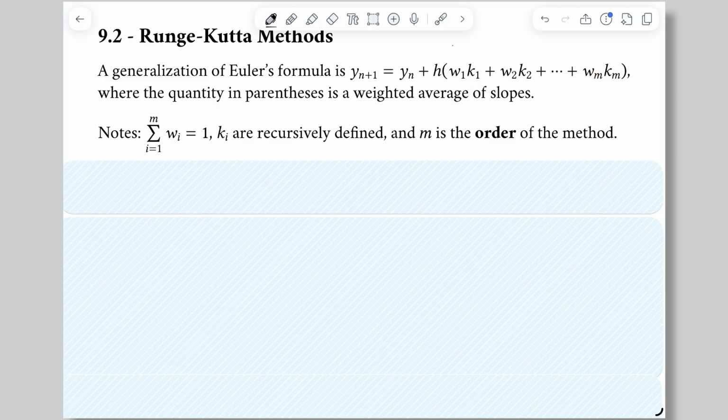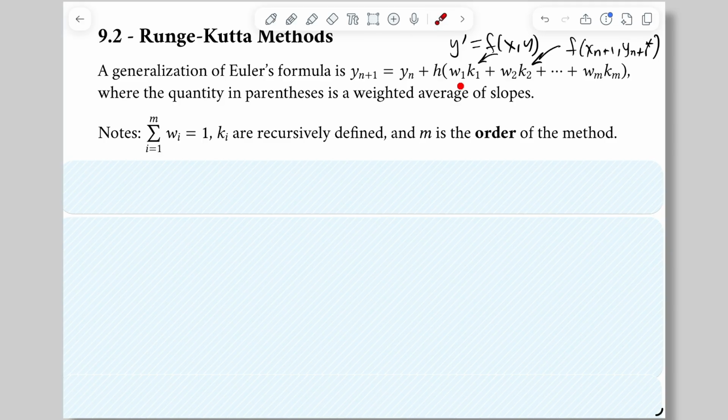Like before, we said that y prime was equal to f of x, y, and that was our k1 when we were using Euler's method. k2, using the improved Euler's method, was f of x sub n plus 1, y sub n plus 1 star, and that was another slope.